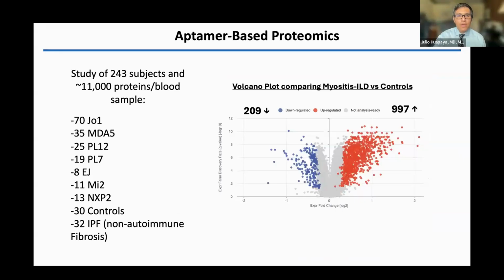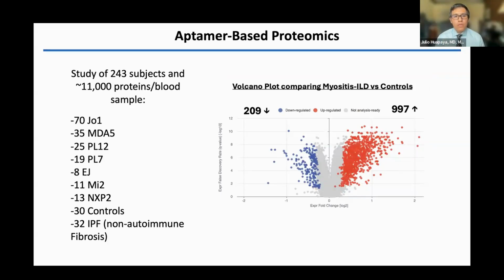And this is the slide that gets me extremely excited because with a lot of support from the Myositis Association, from the NIH, from Hopkins, and again, multiple institutes within the NIH, we just received our data on looking at more than 240 patients, and we interrogated close to 11,000 proteins using a single blood sample.